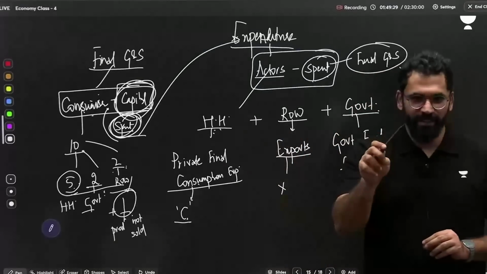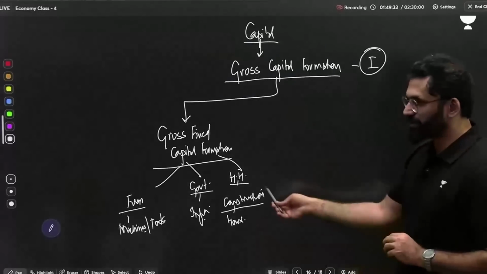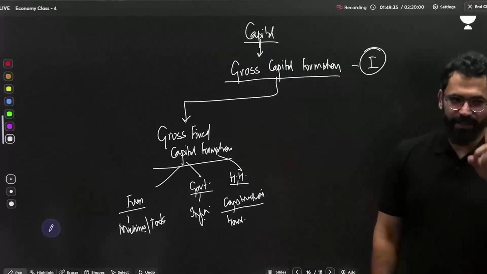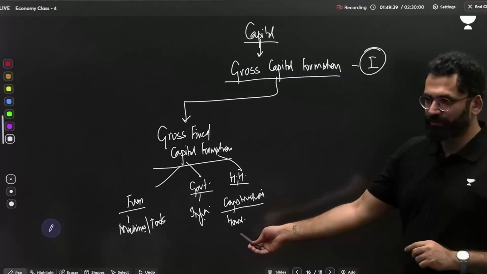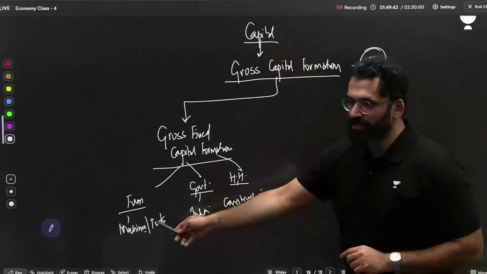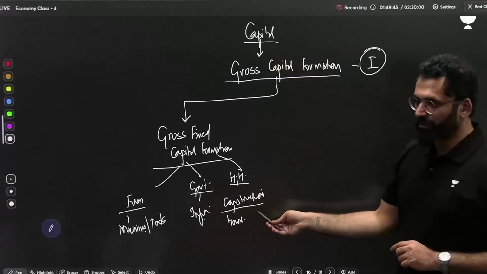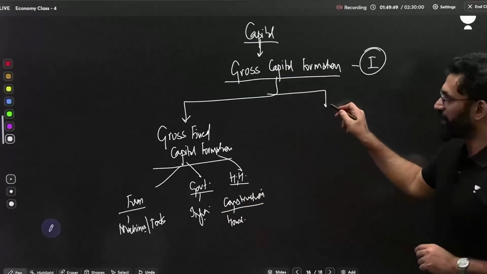It's used only for consumption and used again and again. But if the household constructs a house, it is capital. So only one expenditure of the household is capital, that is construction of a house. Is it clear? So capital goods produced are machines, infrastructure, and houses by households.